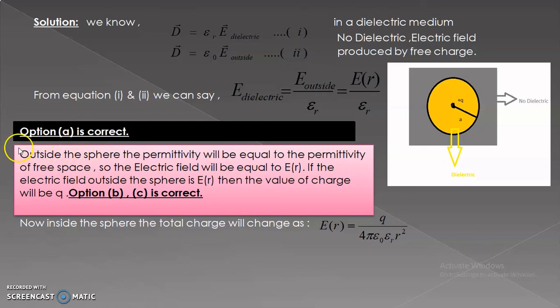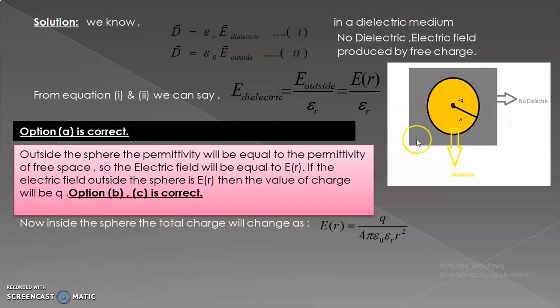Okay, now secondly, here I have considered this yellow portion as the dielectric medium, and this is the free space where there is no dielectric medium. Now here also we have to calculate the Q that is asked in the second point. So here the permittivity is equal to epsilon naught, so the total charge will not change, but inside this the Q will obviously change.